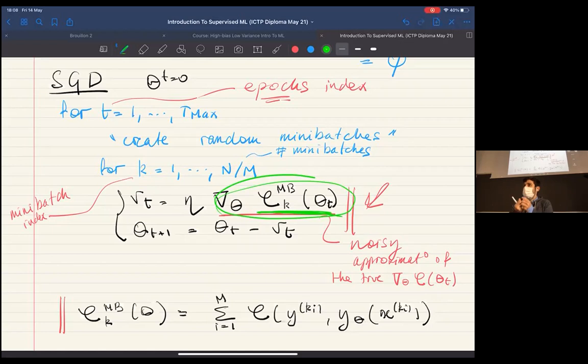The landscape is defined by the cost. But because the cost now is stochastic, in the sense that each time you choose another mini batch, the cost function has a different shape, then you have moving particles in a fluctuating environment. You see?